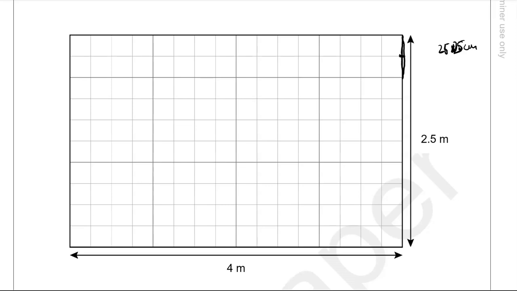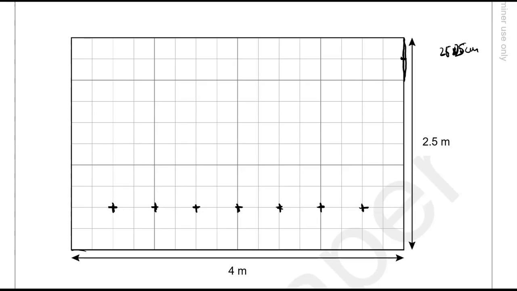We've got to keep a 50 centimeter gap from the edge, so we should start here and then 50 centimeters from the next plant. So there is the second one, third, fourth, fifth, and 6 and 7. Now leaving a gap of 75 centimeters between the rows, we're going to go up 3 squares.